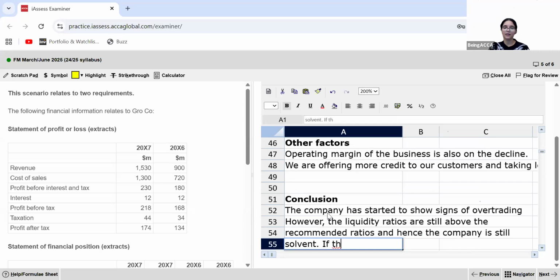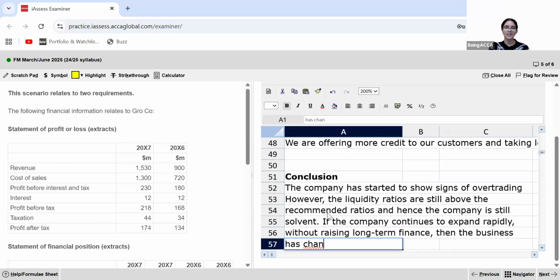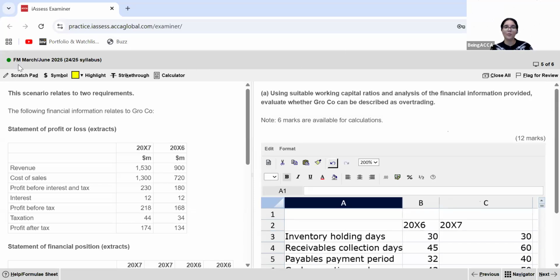If the company continues to proceed this way, continues to expand rapidly without raising long-term finance, then the business has chances of failure. So this is how we are going to conclude this 12 marks of requirement. With this, part A has now been solved. Let me know if you have any queries. Otherwise, we will proceed to the second requirement that's there.